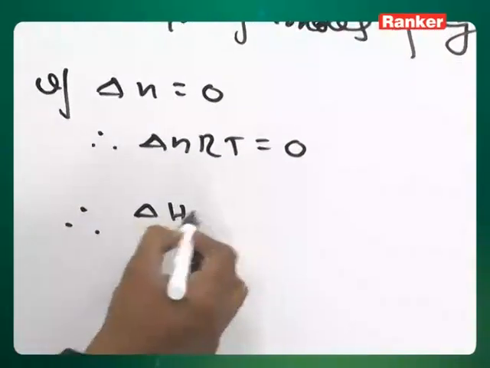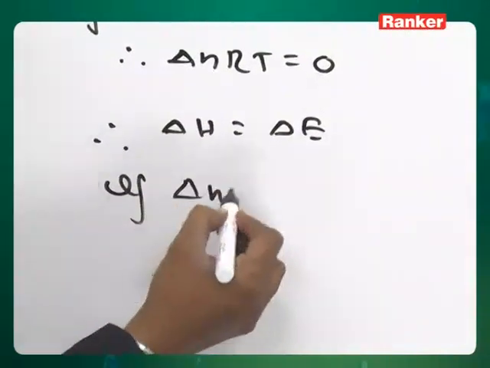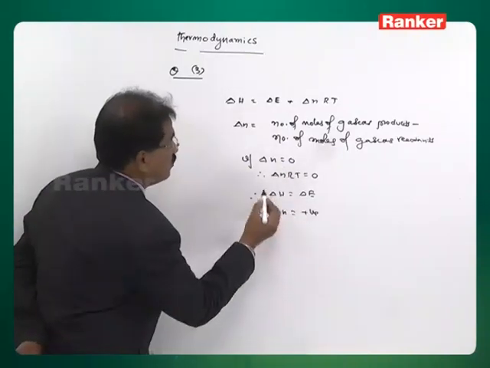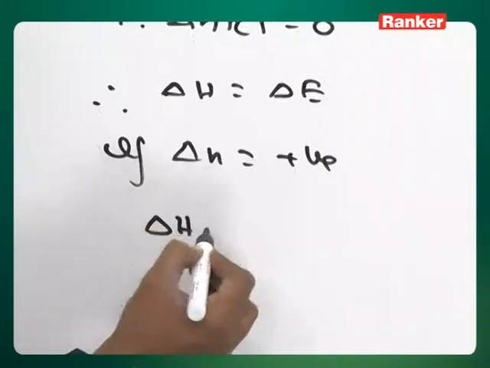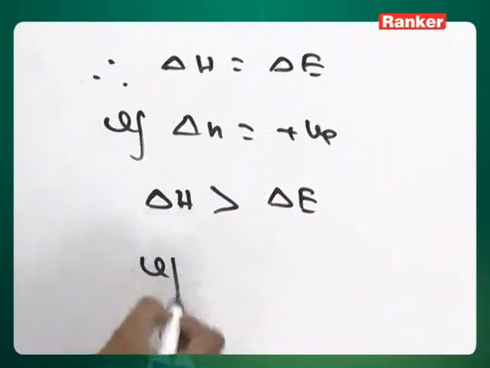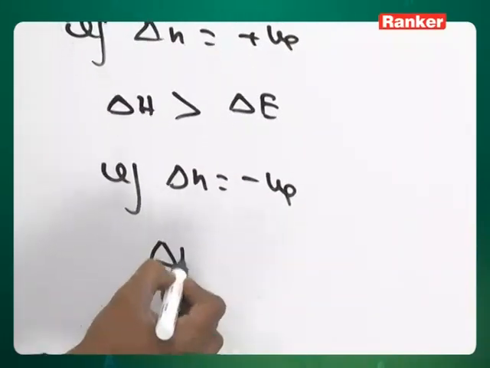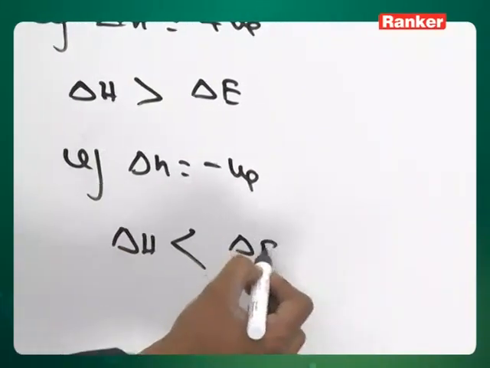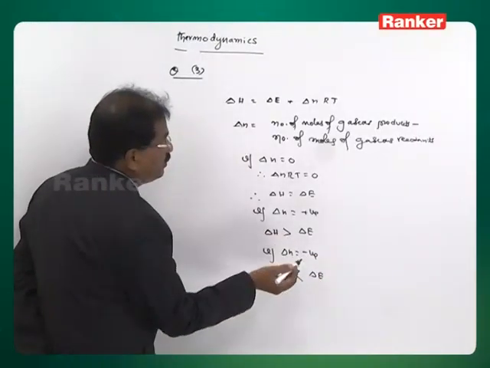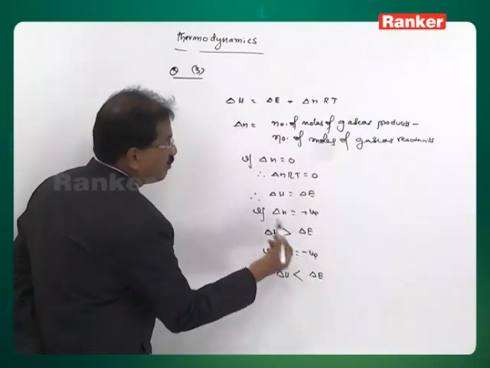Therefore, del H is equal to del E. Next, if del N is positive for any reaction, automatically the magnitude of del H becomes greater than del E. If del N is negative, automatically the magnitude of del H becomes less than del E. Next, when will the magnitude of del N be equal to 0, when will it be more and when will it be less.